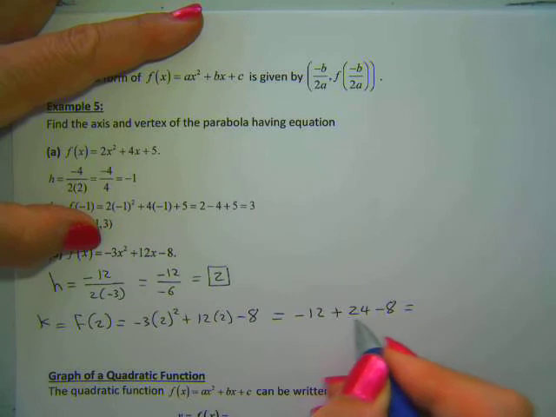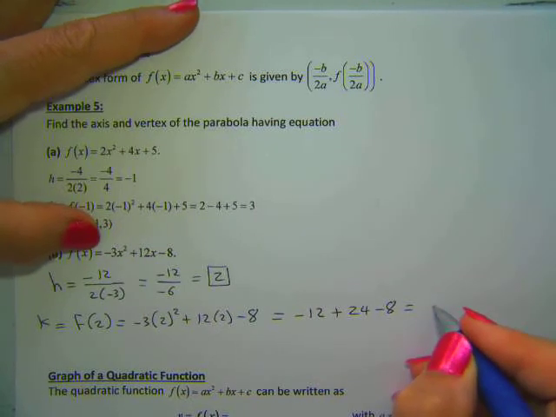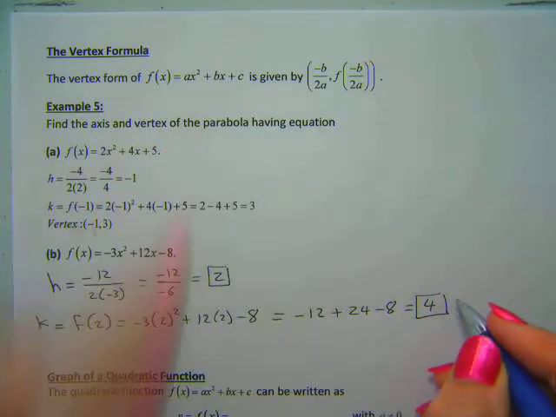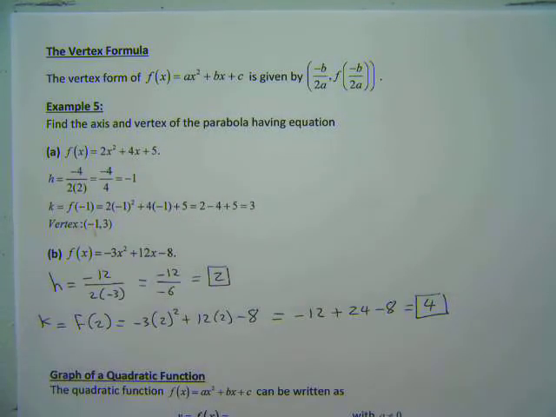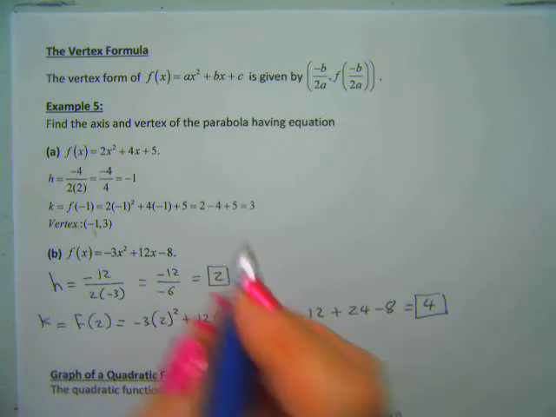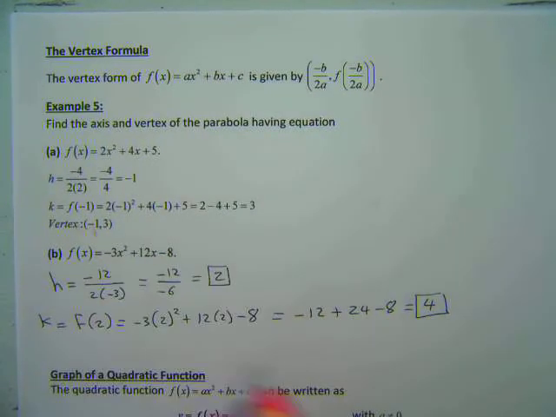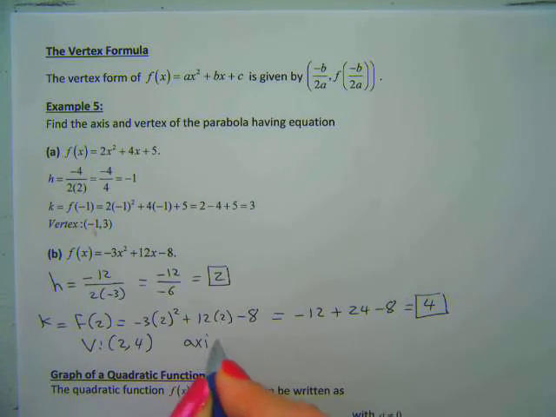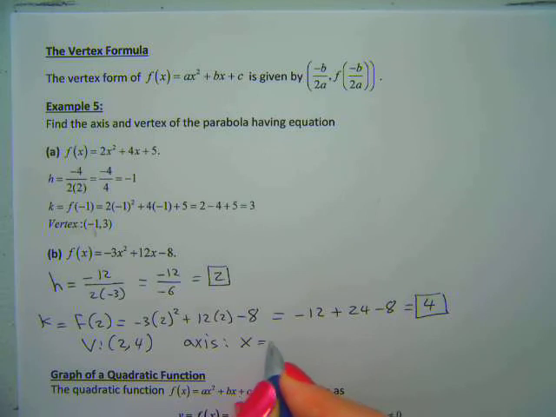So this is 12 minus 8, which is 4. So now they want us to find the vertex of the parabola. Oh, and the axis. I'll come back and fix it. So the vertex is at (2, 4), and the axis is x equals 2.